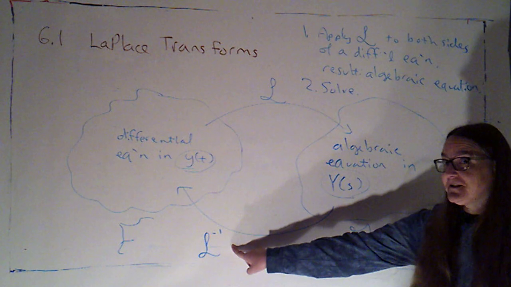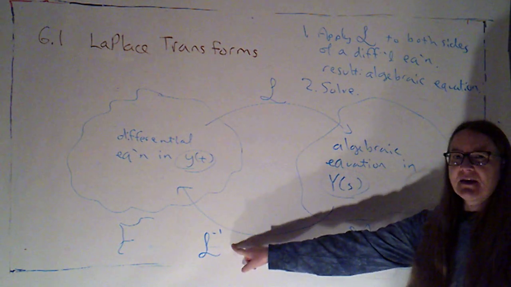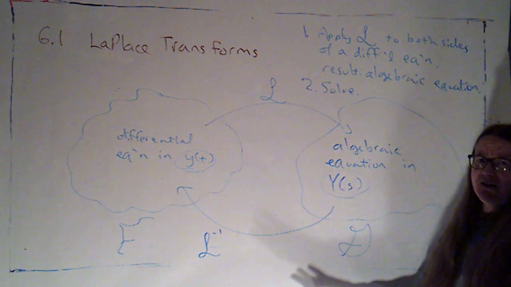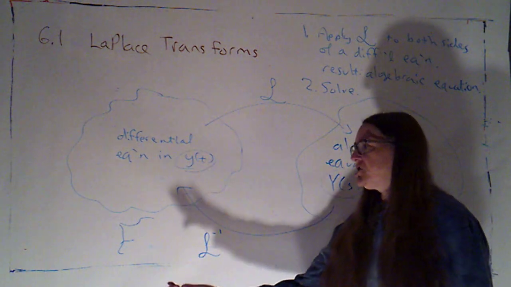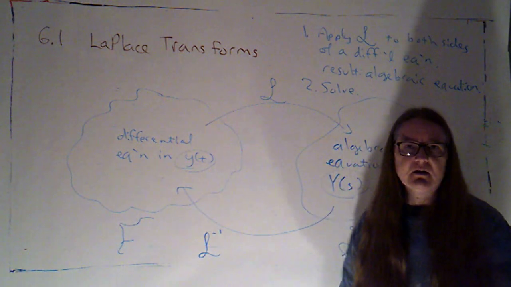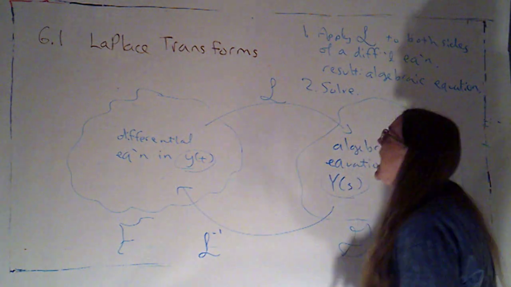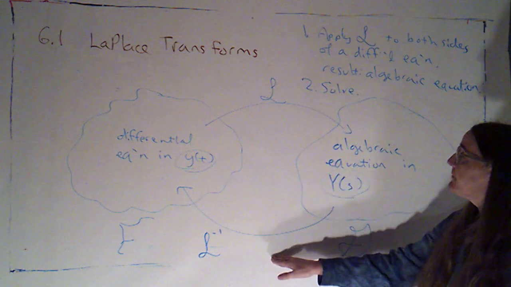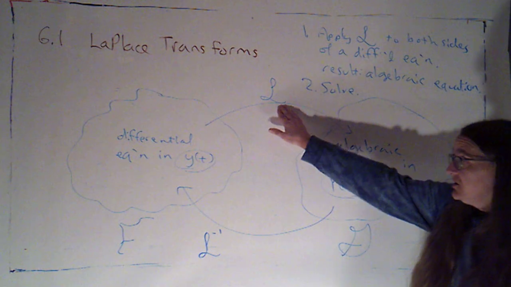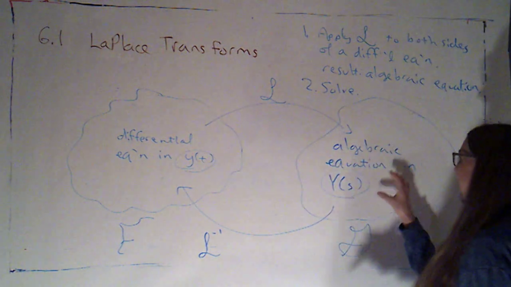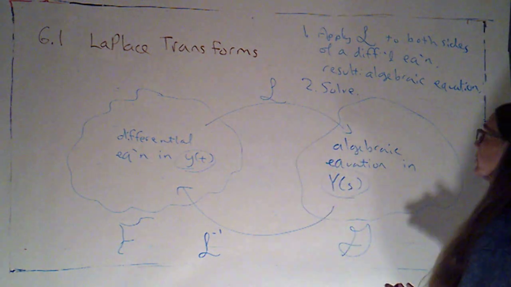Didn't mention this yet, but this is an important property of Laplace transforms. They are invertible. Now, in math, so many things that we do, we subsequently decide we want to be able to undo. So we have addition, we want to be able to undo it, we have subtraction. We have multiplication, we want to be able to undo it, we have division. Okay? So Laplace transforms are going to be invertible. This function, whose input is a function of t and whose output is a function of s, is 1-to-1. So it is invertible.